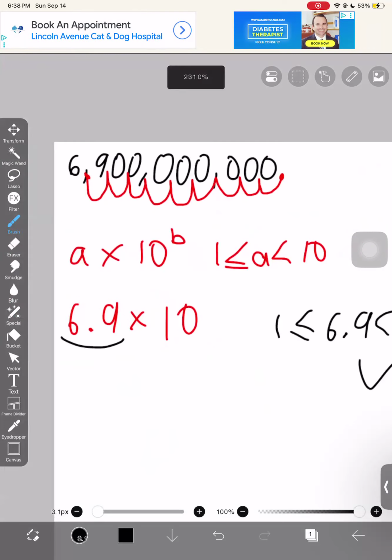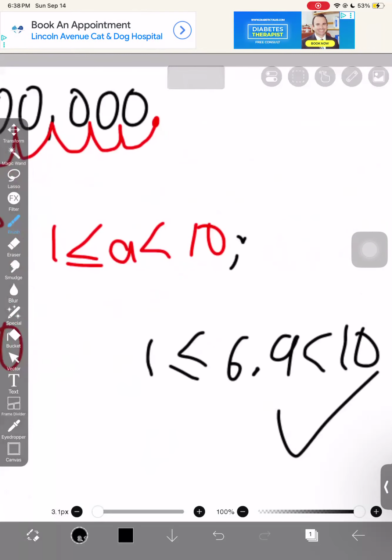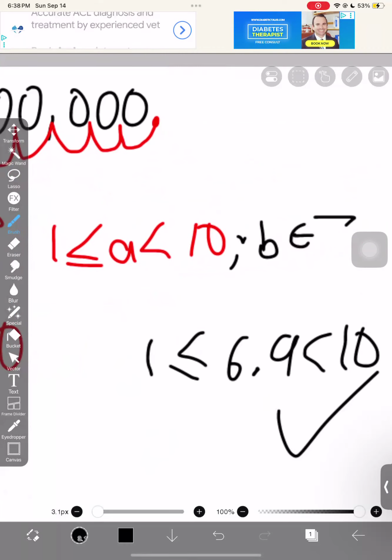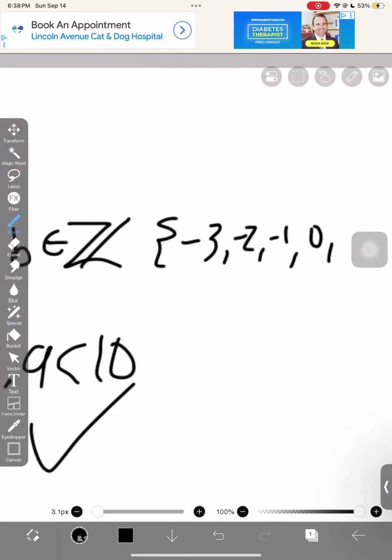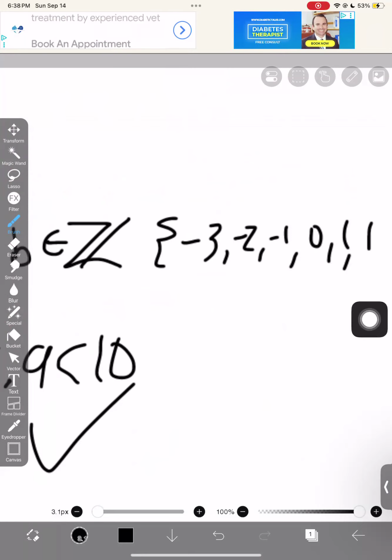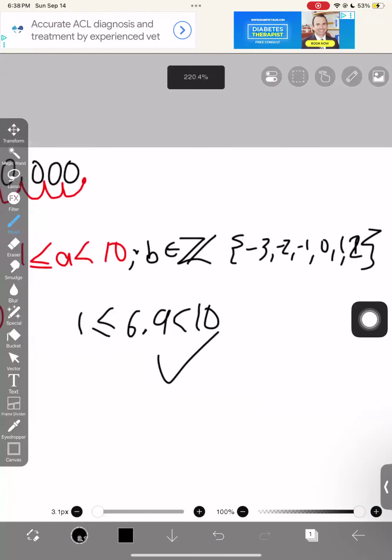And then last but not least, B has to be an integer. Or if you forgot what an integer is, it's just negative 2, negative 1, 0. It's all whole numbers that are both positive and negative.